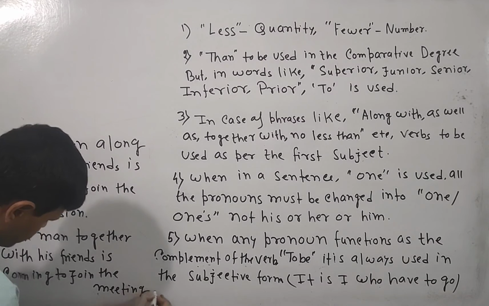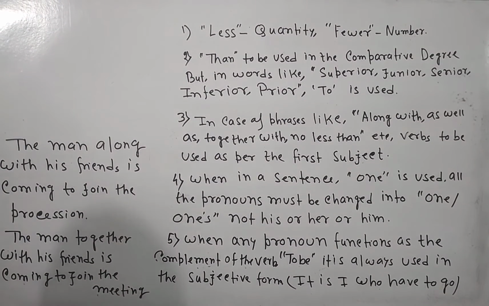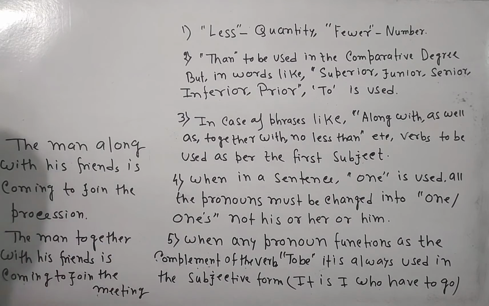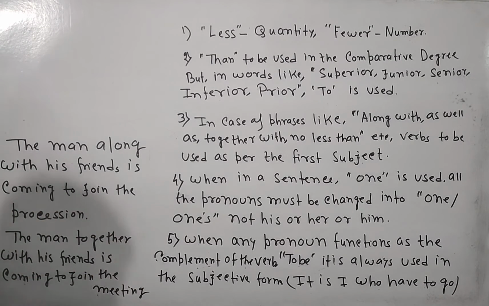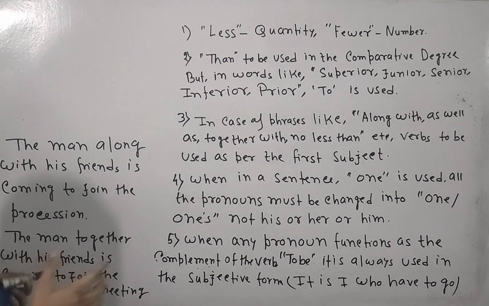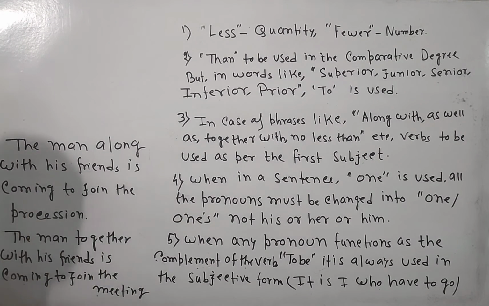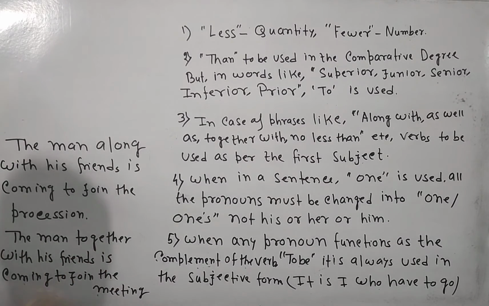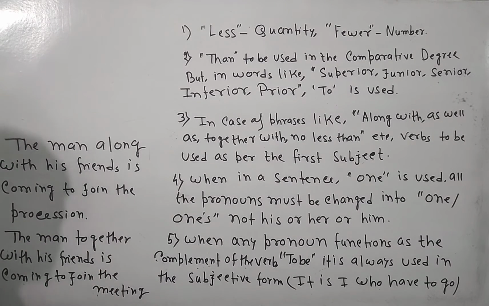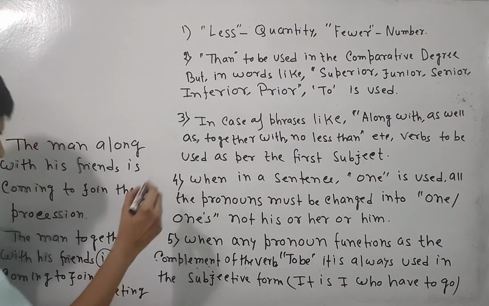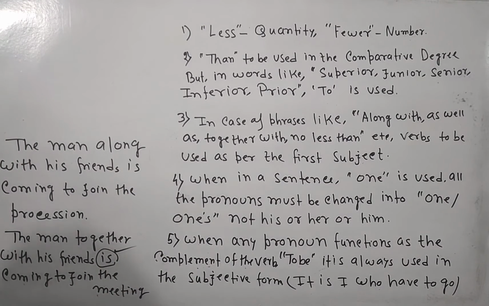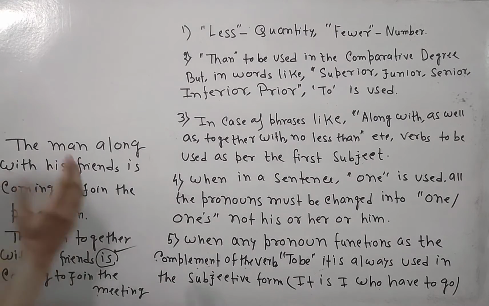I can also write it in this way: the man together with, or along with, whatever you say, or the man as well as his friend. We can also use the phrase "as well as". In all these cases the first one is the subject, not man plus his friends. Rather, man is the subject. So the subject is singular, and automatically "is" is the perfect answer. So the verb must be as per the first subject. So it is all about the rule.